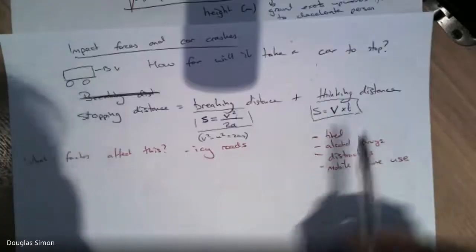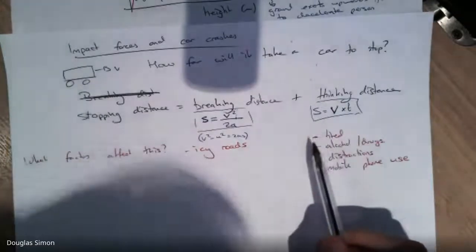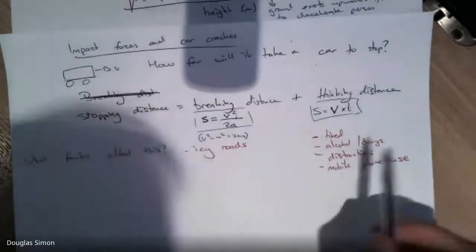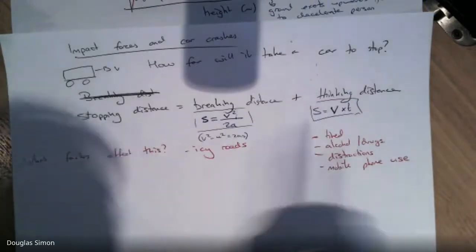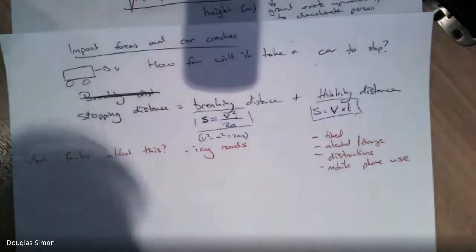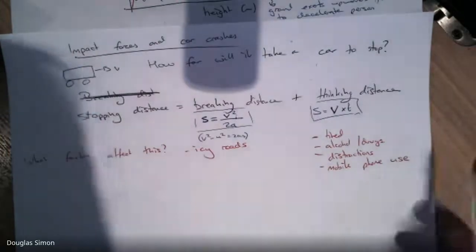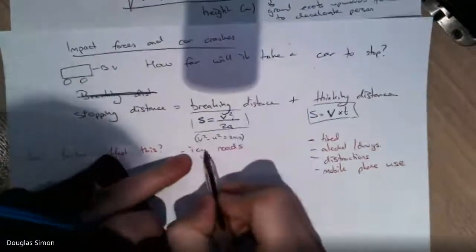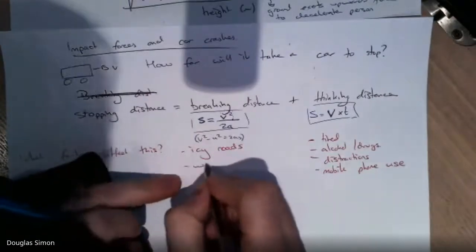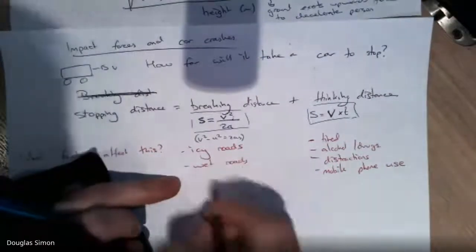It's just reaction time. So you might be really focusing and really careful and you might be going slower, but actually if somebody runs out in front of you, your reaction time is the same no matter what. Okay. But you're right, the amount of time it takes you to actually brake will be massively increased if it's icy roads or wet roads.